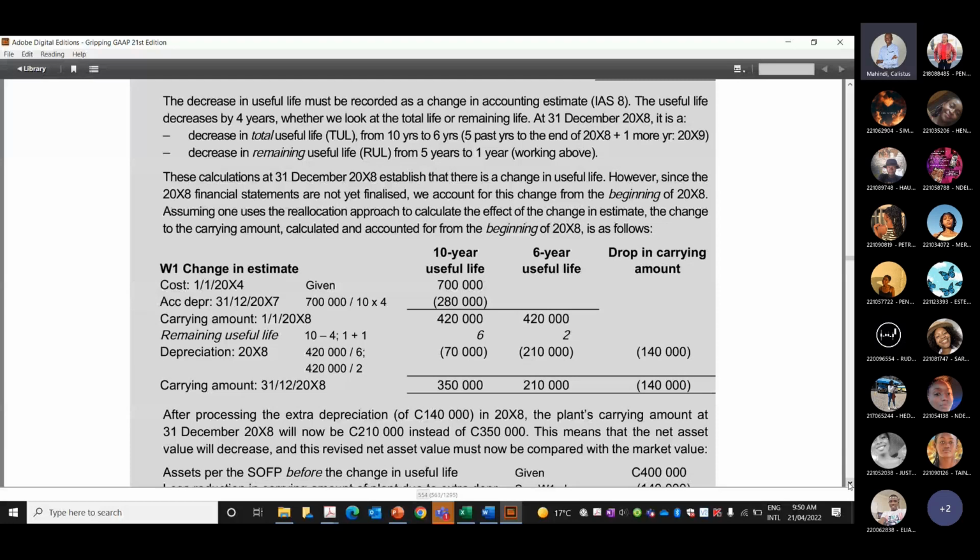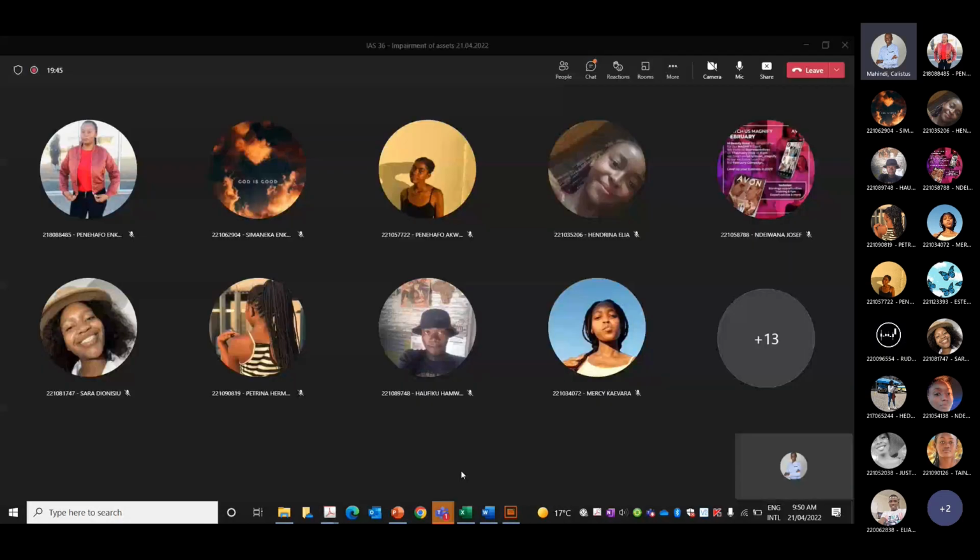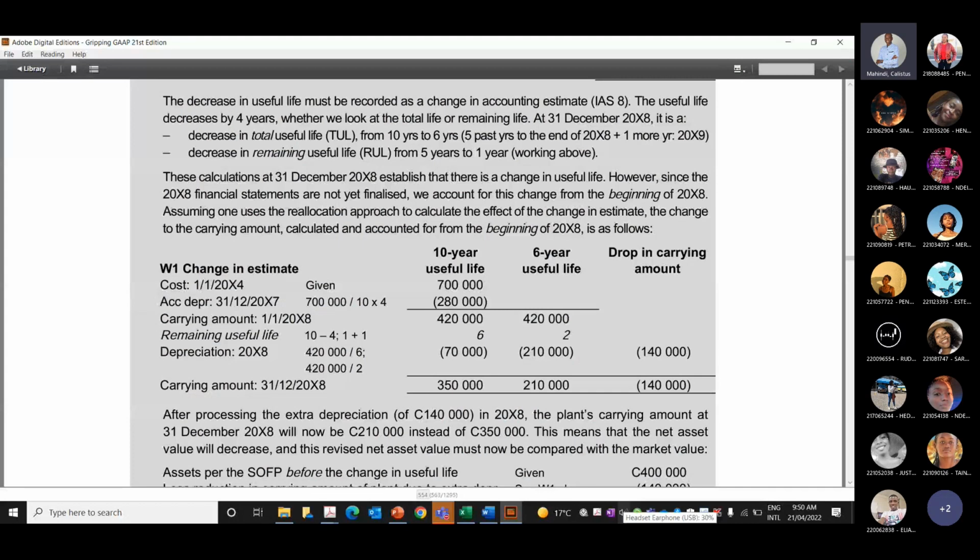At 31 December 20X8, what did we say the remaining useful life is supposed to be according to the original estimate? Class, are you with me? Seems there's something in the chat. So yes, that is actually correct, that there would have been 5 years remaining useful life after 31 December 20X8.